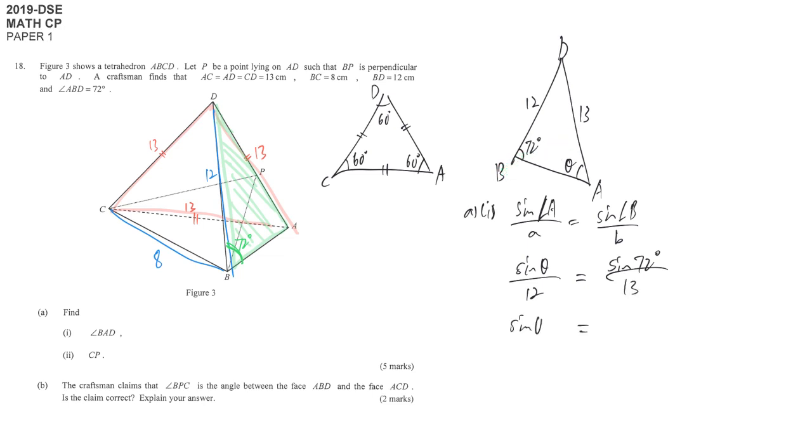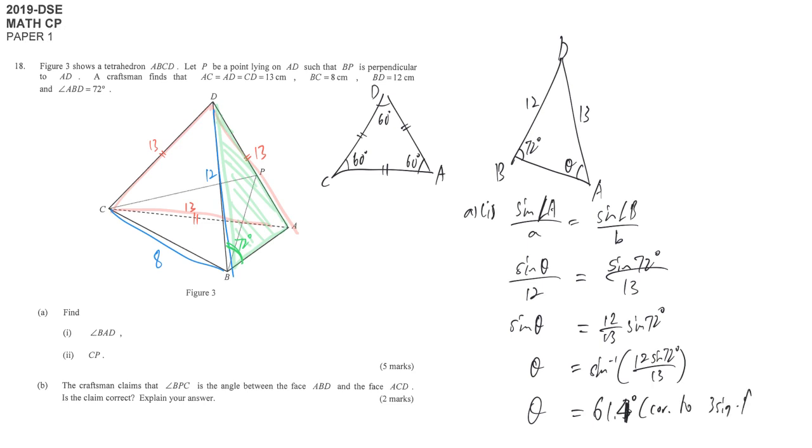So isolate theta, make it the subject. Theta is equal to shift sine of this value. Then you get 61.4 degrees, correct to three significant figures.